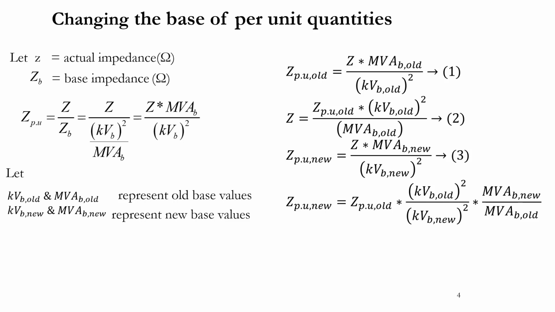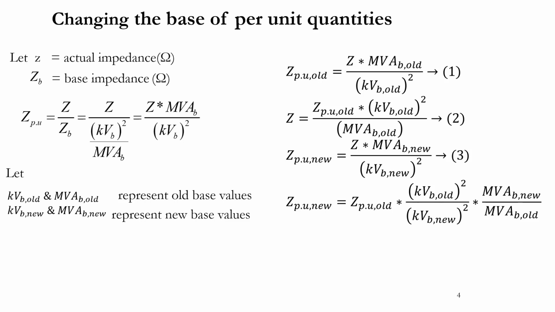Suppose old values are given, how to convert to the new base? Let kVB old and MVAB old be the old base values of voltage and power. The new base values are represented as kVB new for voltage and MVAB new for power. Now how to do the conversion? We know Z per unit from the same formula.